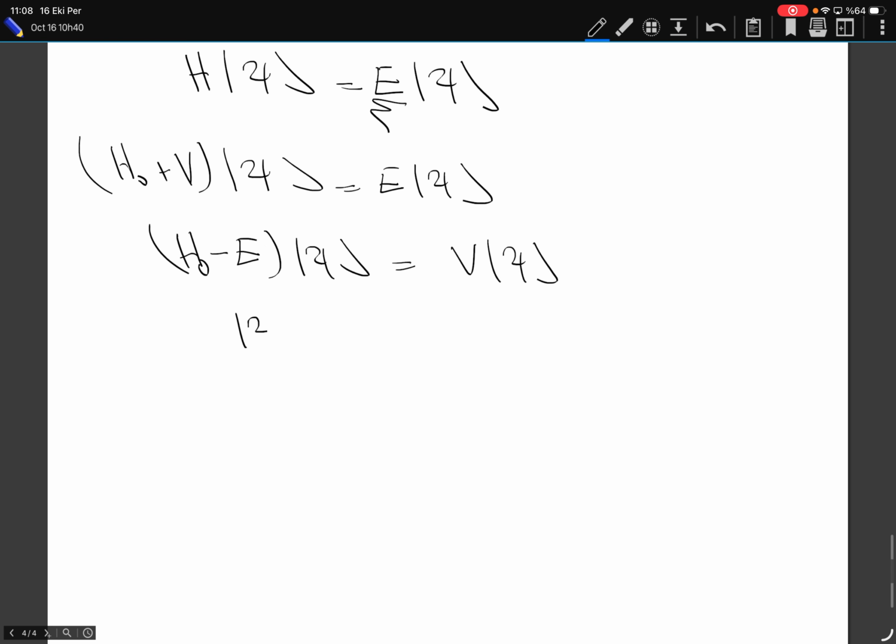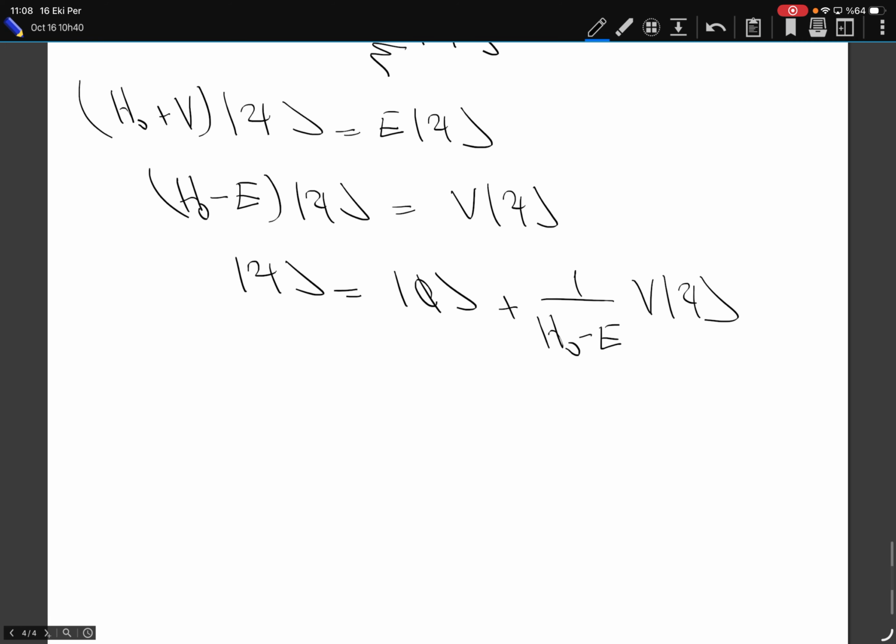Well, the formal solution of this equation will be this. This is a formal solution. Well, this is the particular solution. Particular in the sense that for the inhomogeneous equation, this is the solution of the homogeneous equation.